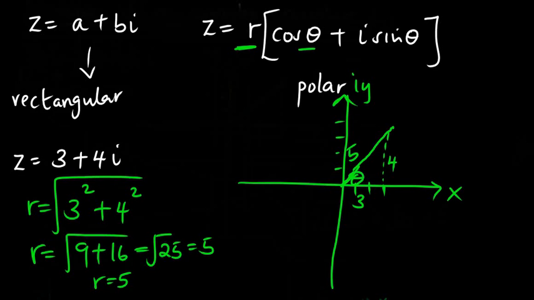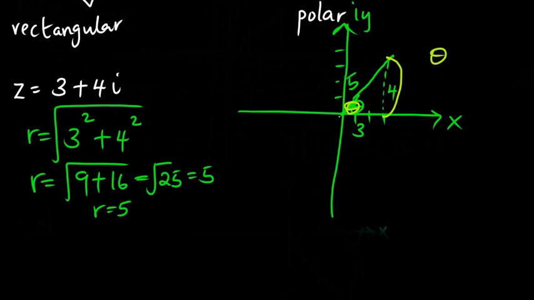Let me use a different color. This angle, all the way from down here to up here, the value of that angle is theta. So we are going to calculate the value of theta. We can use the SOHCAHTOA method because we have all 3 values of these lines.